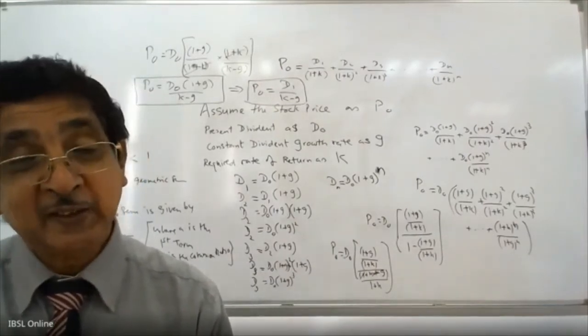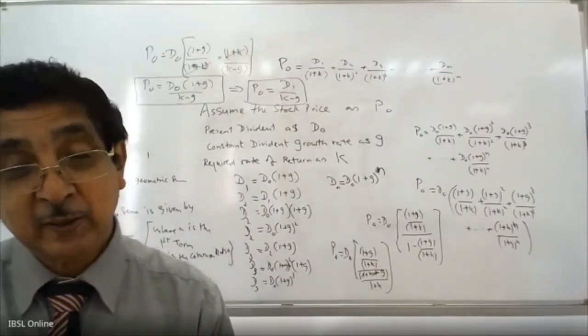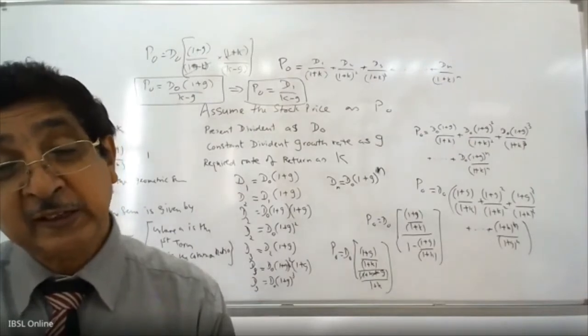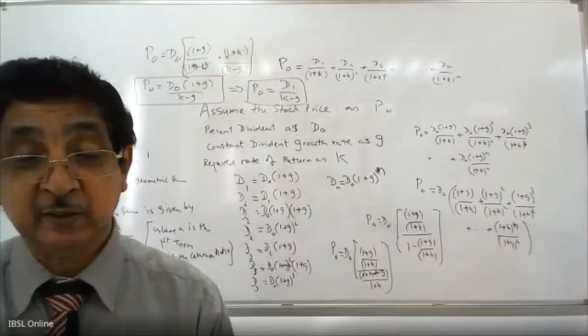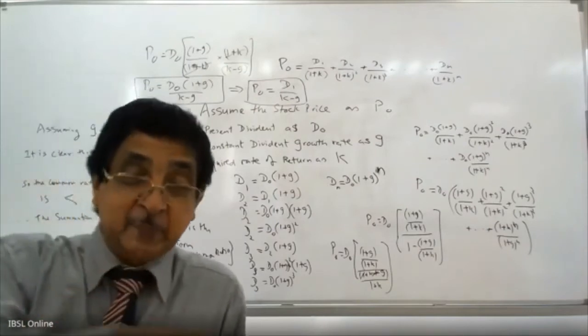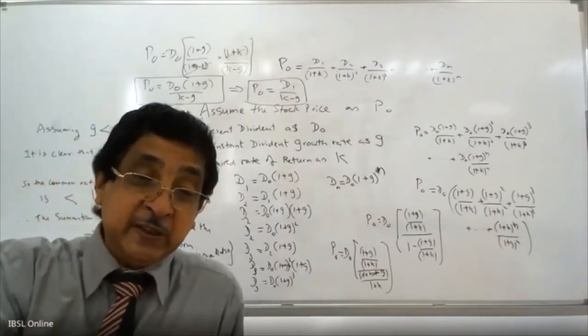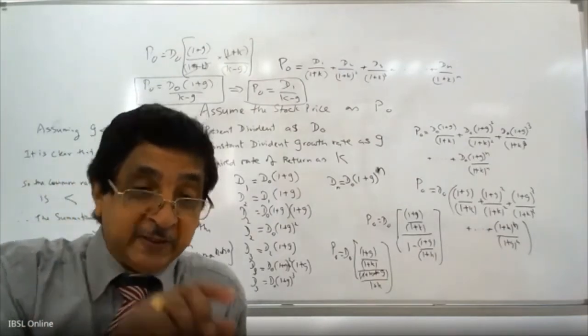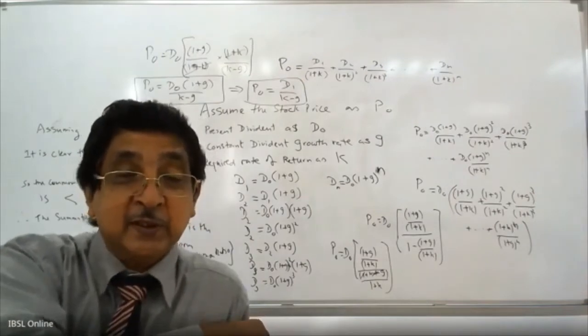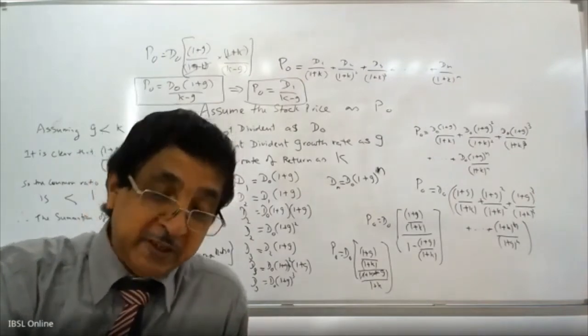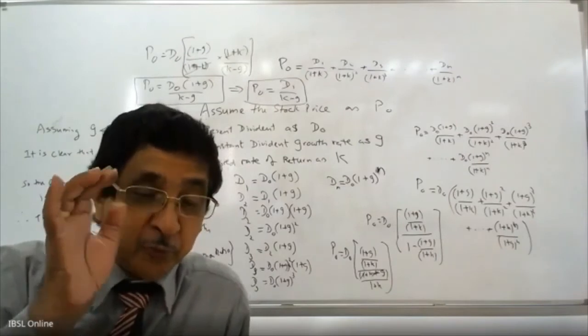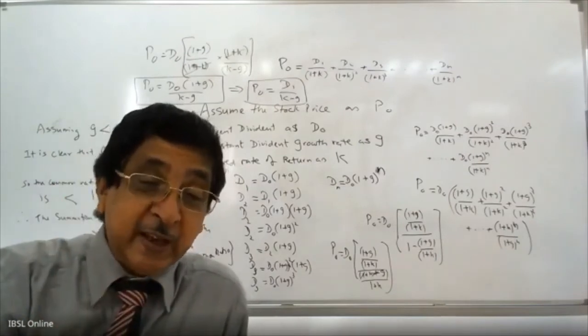Now what I am asking is, if G is greater than K, what will happen? Now there's an assumption. Actually, we assume G is less than K. With that assumption only, we have arrived at that formula. But even say, if you find G is greater than K, what will happen?